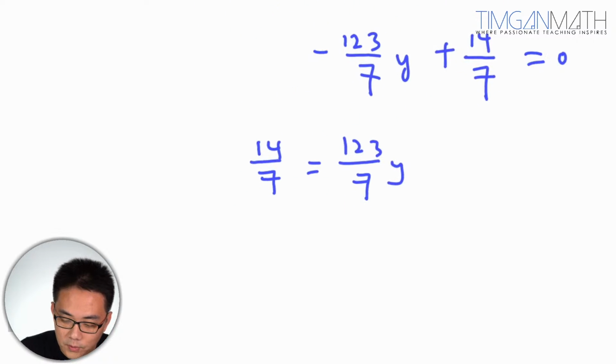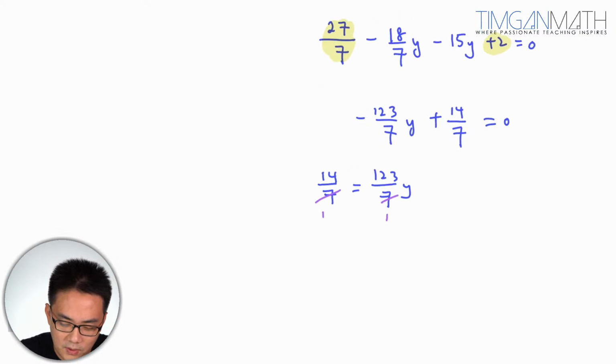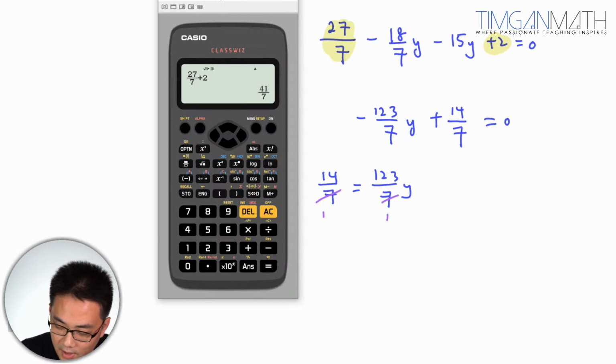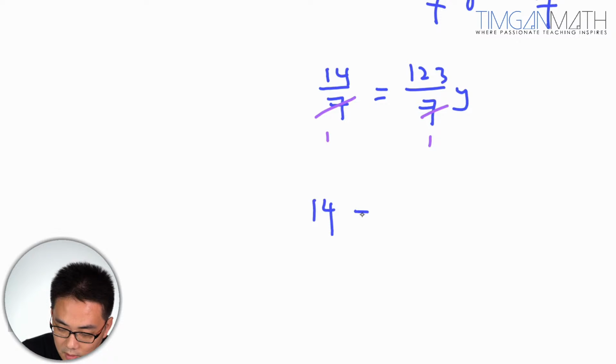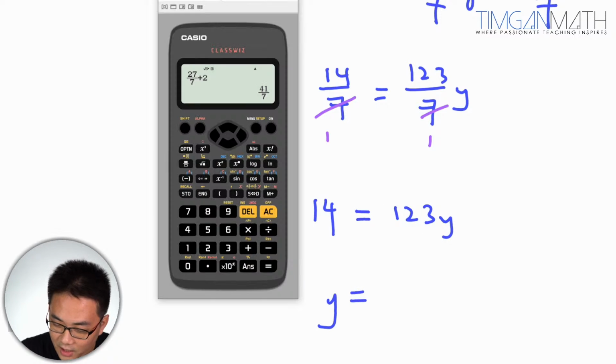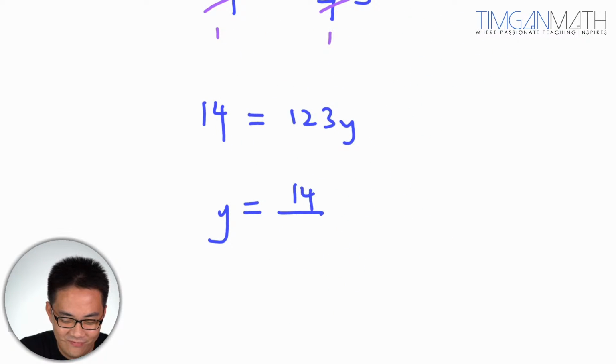If you simplify this, it could be simplified. I think with fractions students sometimes get very scared, but just be calm. So this will be 14 equals 123y. I'm not even sure if I have made any mistake here. It looks very ugly, the answer. 14 over 123.